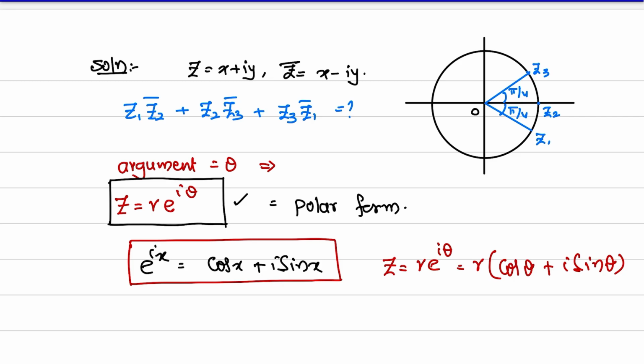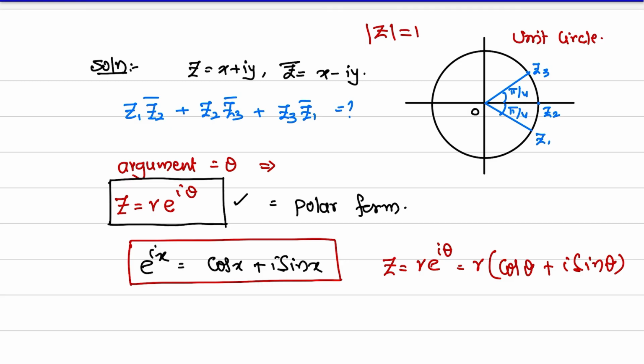Here, what is r? Here, for a unit circle, r is 1. It is given in the question itself. Modulus of Z is equal to 1 is a unit circle. Why is it a unit circle? The modulus of Z equal to 1 represents a unit circle. Please refer to my previous lectures.